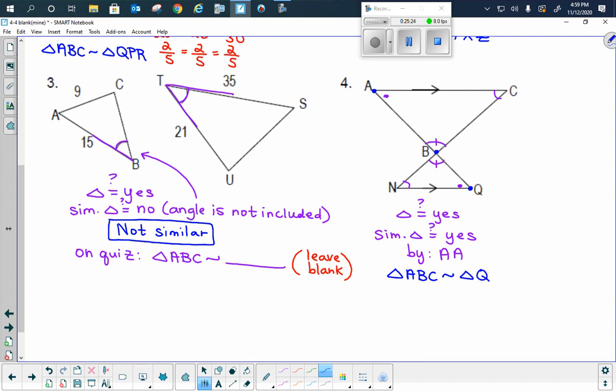Notice it's the dot, then the one with the single mark with the cross, and then the single mark. So if we're going from A to B to C, then you're going to go from Q to B to N. I'm just matching the symbols. That's all I'm doing.